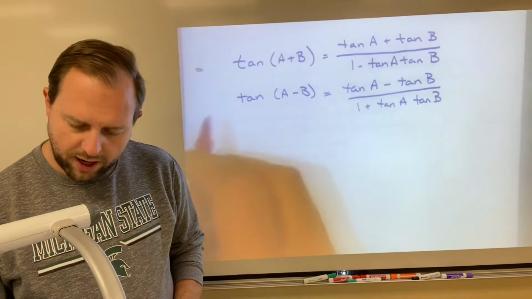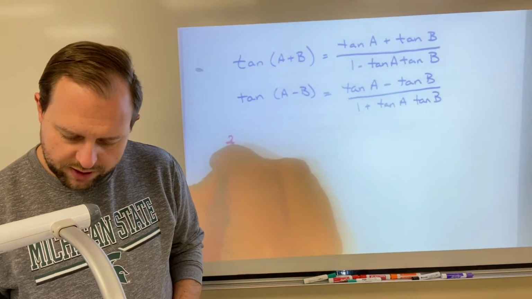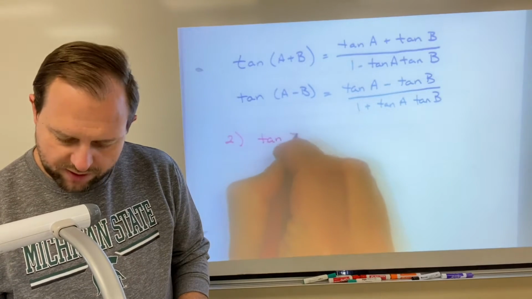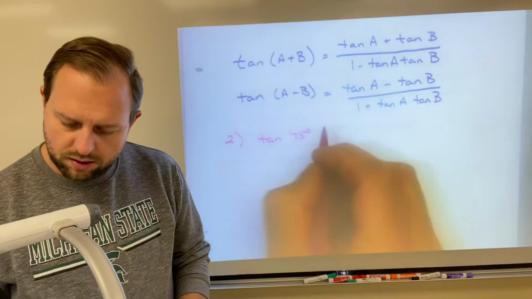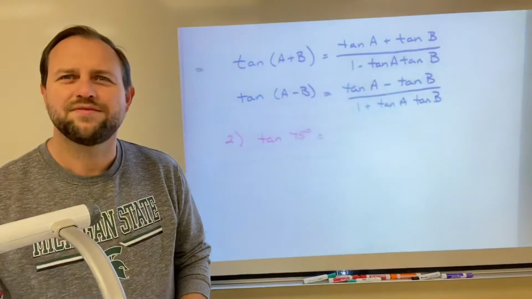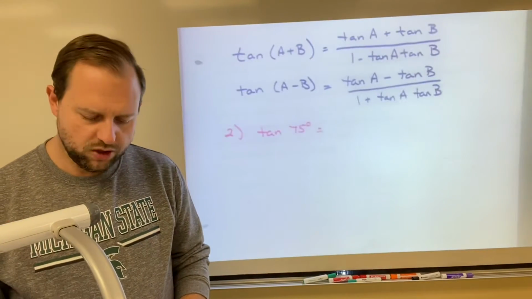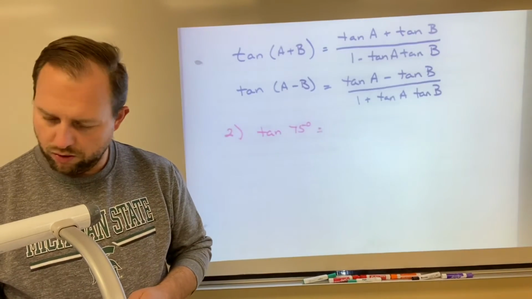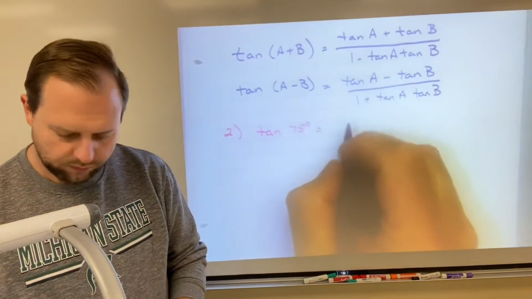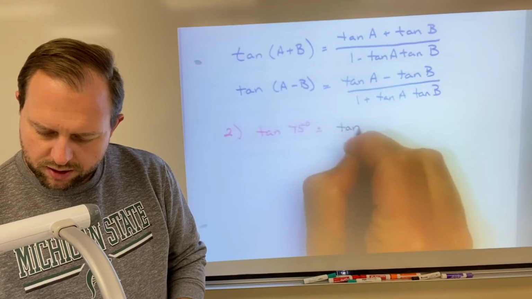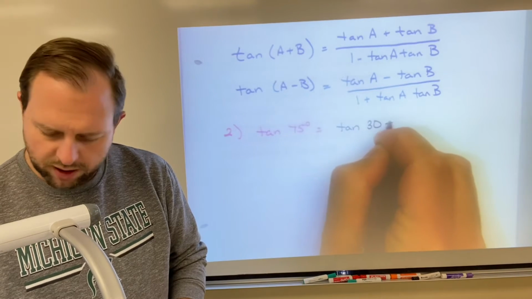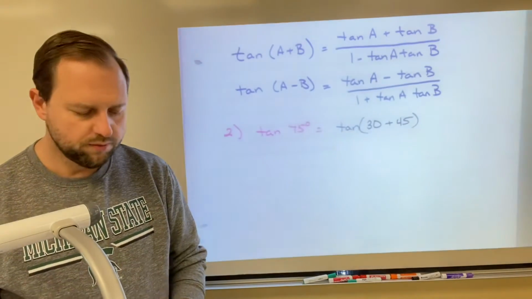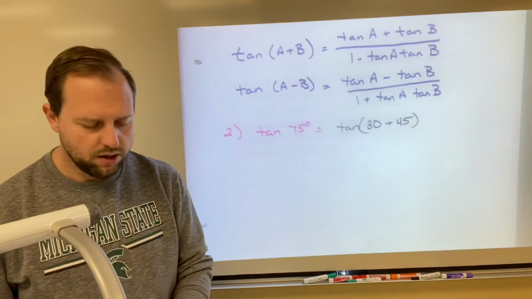If we look at another example, tangent of 75 degrees. We know that the tangent of 75 degrees is equal to the tangent of 30 plus the tangent of 45, which will give us that 75 degrees.